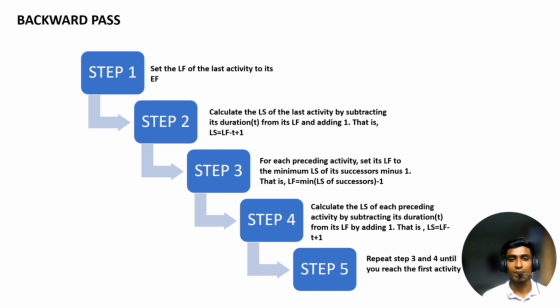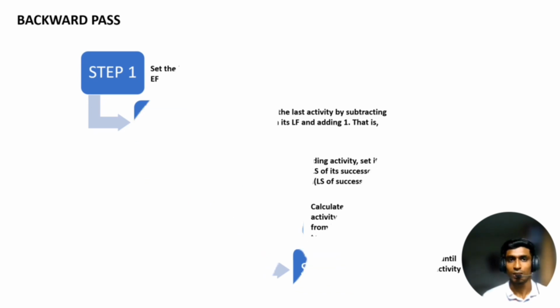For each preceding activity, set its LF to the minimum LS of its successors minus 1. Step 4. Calculate the LS of each preceding activity by subtracting its duration from its LF and adding 1. The last step is repeat step 3 and step 4 until you reach the first activity.